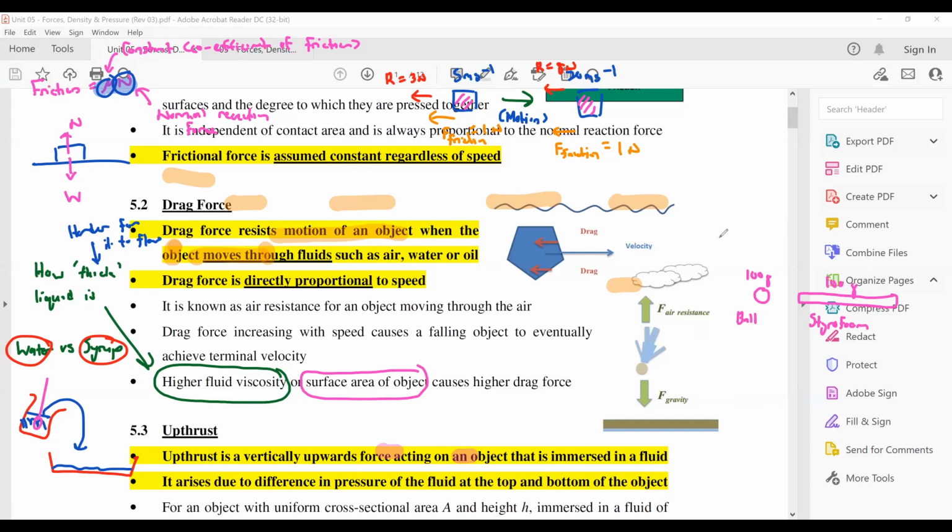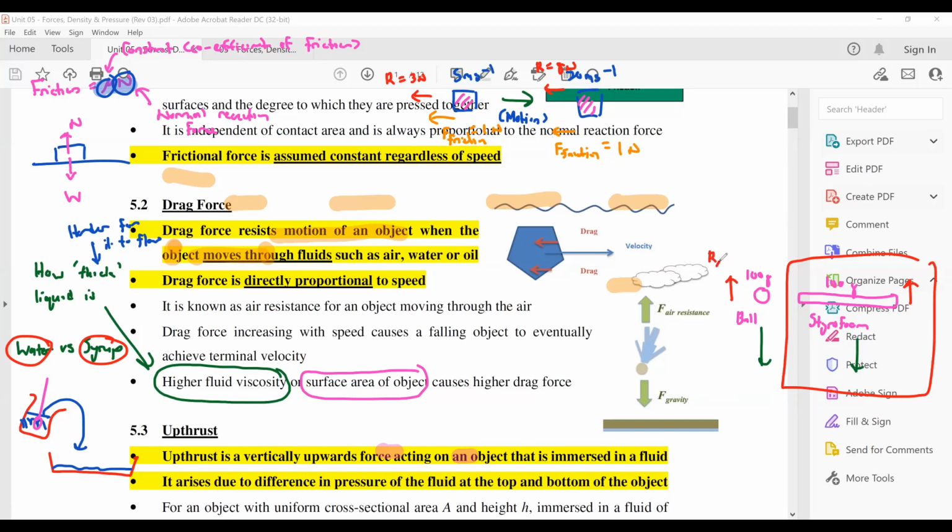You drop both of these objects from the same height, they will encounter air resistance, but this one will say to you that the air resistance for the styrofoam is actually larger.